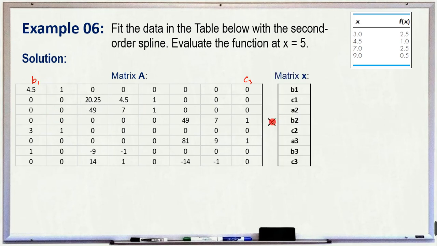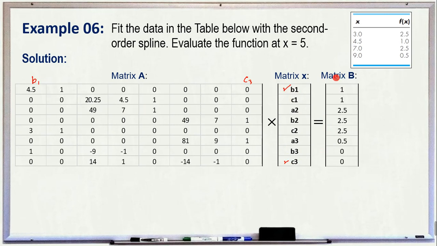Then we're going to multiply matrix A by our column vector matrix, which contains the unknowns starting with B1 until C3, and that is equal to our column matrix B, that contains the constant values for each of the equations from 1 to 8.